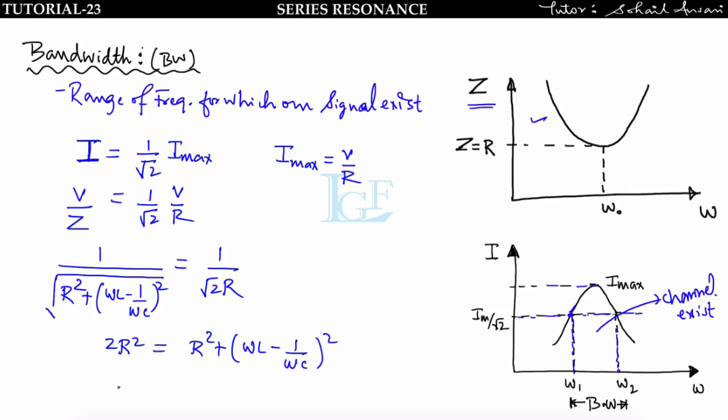So finally I will get (omega L minus 1 upon omega C) whole square is equal to R square.